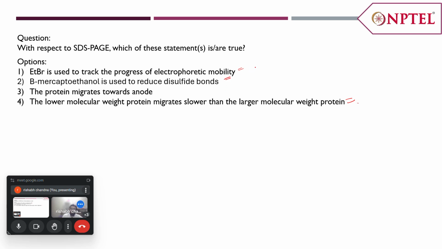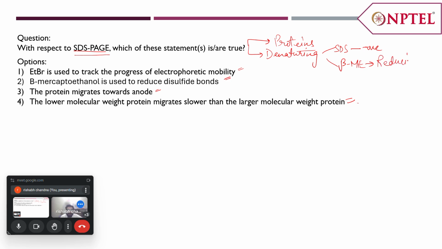Okay, let's start. In case of SDS-PAGE, firstly, SDS-PAGE is only done for proteins, not for DNA or RNA. It is a denaturing system in which we add SDS that imparts the negative charge, and we add beta mercaptoethanol, which is a reducing agent, so it breaks the disulfide bond.